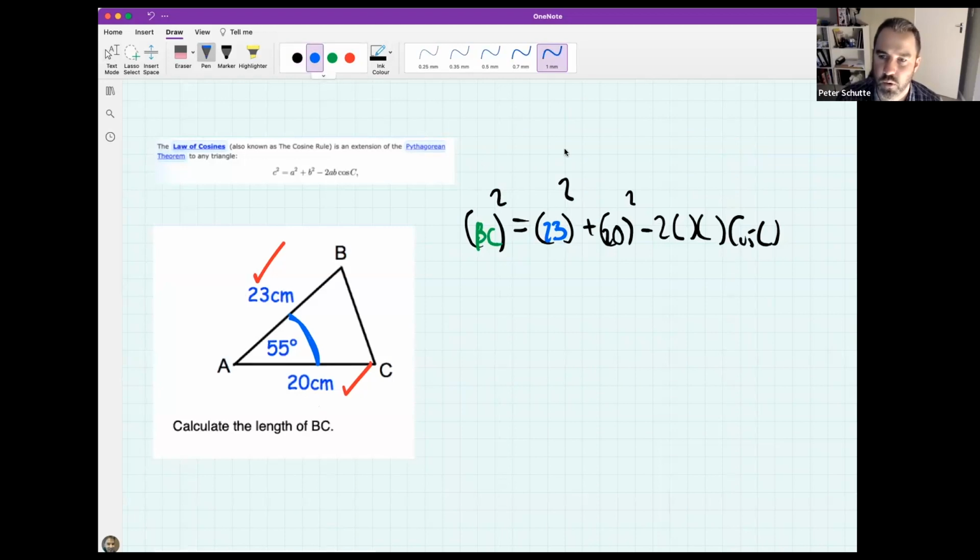Then over here, I'm going to write 23 times 20, but there's a minus 2 in front. And then at the end, I'm going to write the cos of the angle between the two sides, which is 55.